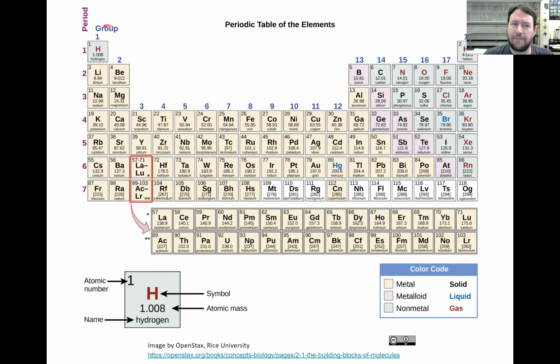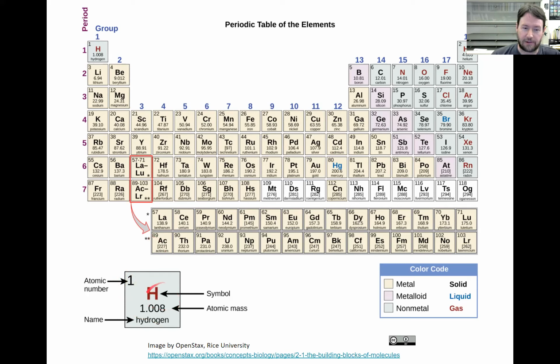But if you have a periodic table, it will give you a lot of information about the atoms that make up these elements. So the atomic number is kind of the defining characteristic of an atom, and that is simply the number of protons in that atom. So for hydrogen, the atomic number is 1. So if ever there's an atom with just one proton in the nucleus, it's always going to be hydrogen.